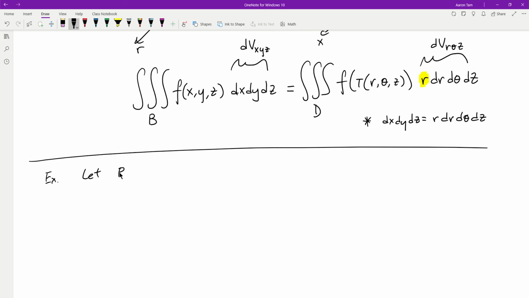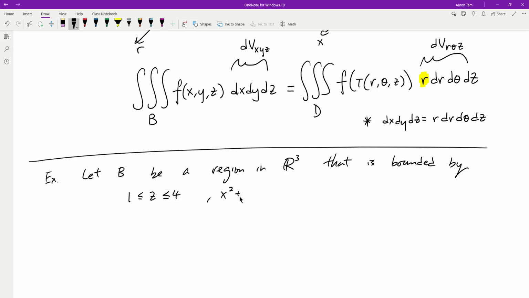Let B be a region in R3 that is bounded by the following inequalities: 1 is less than or equal to z, which is less than or equal to 4, x squared plus y squared is less than 4, and 0 is less than y, which is less than x.